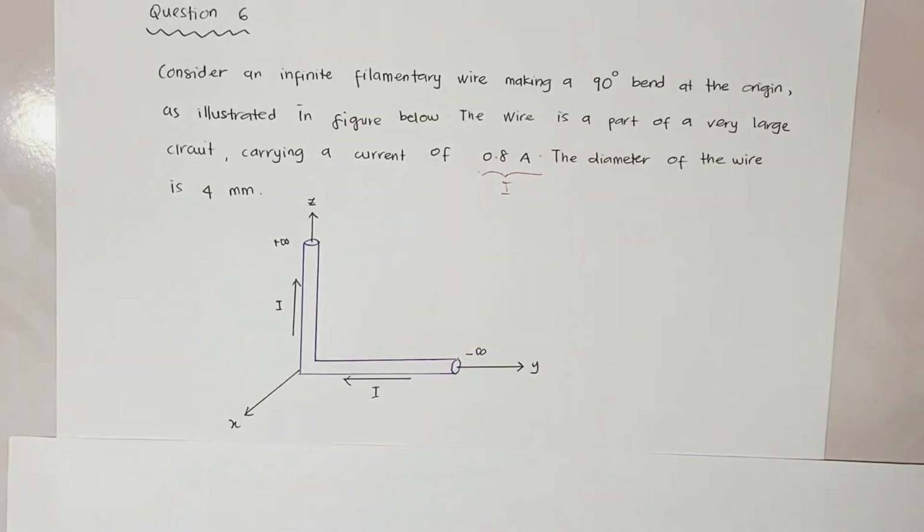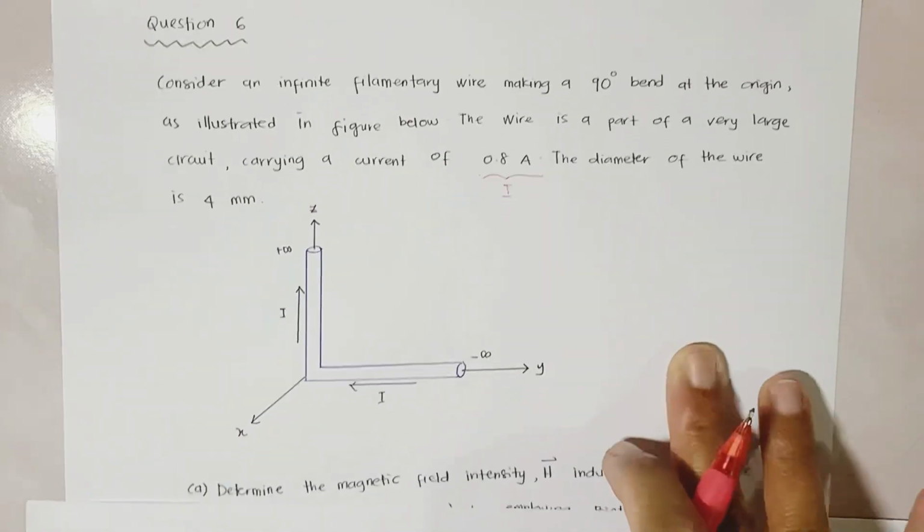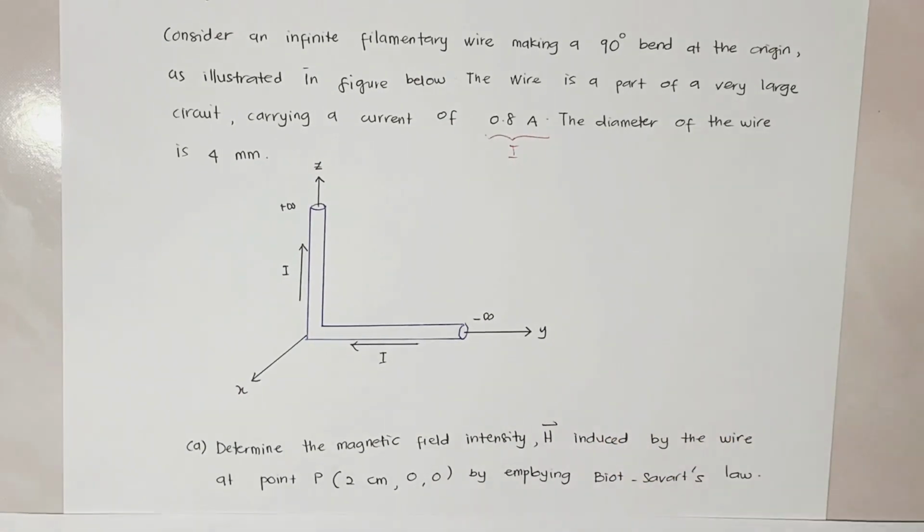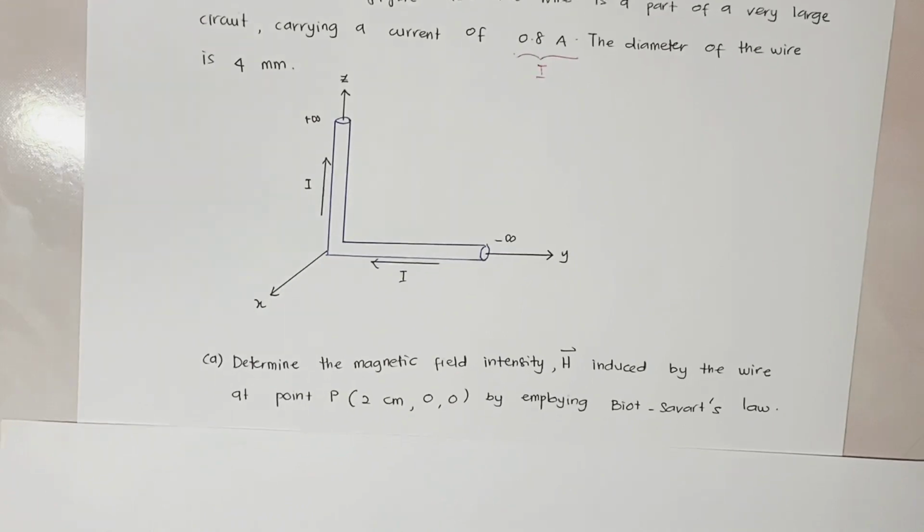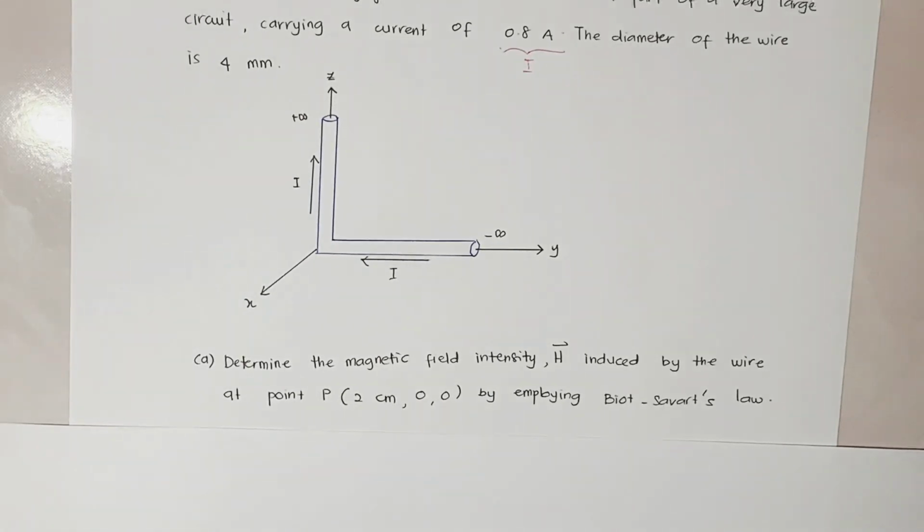The diameter of the wire is 4 mm. The question asks you to determine the magnetic field intensity H induced by the wire at point P 200.